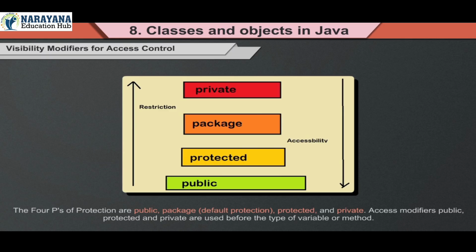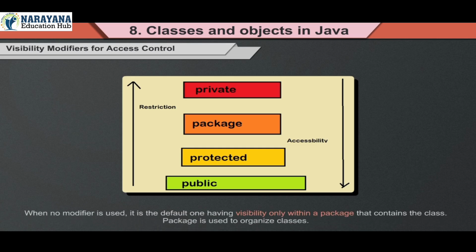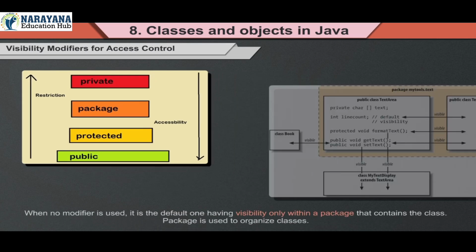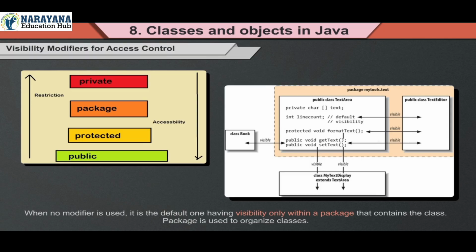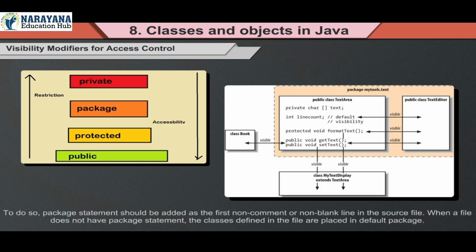Access modifiers public, protected, and private are used before the type of variable or method. When no modifier is used, it is the default one having visibility only within a package that contains the class. Package is used to organize classes. To do so, package statement should be added as the first non-comment or non-blank line in the source file.